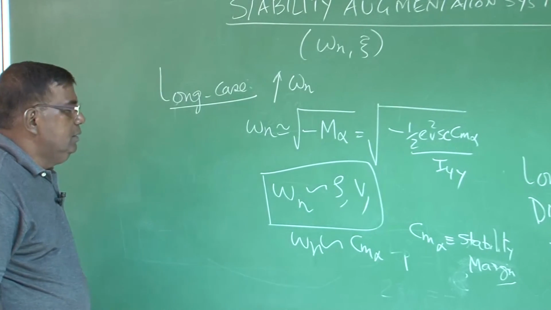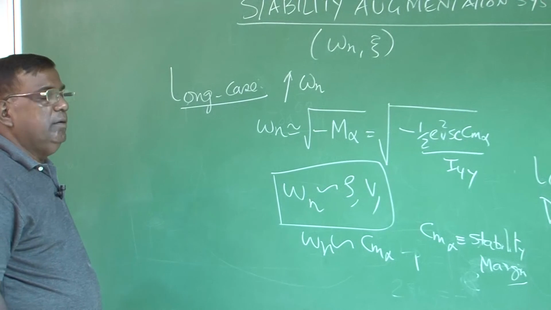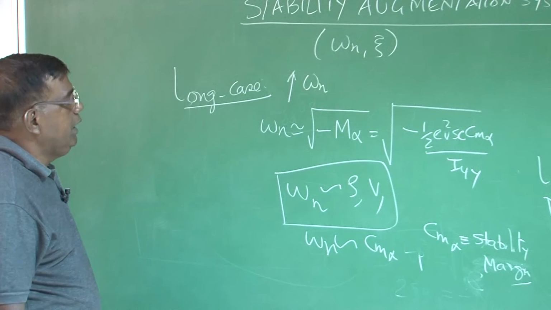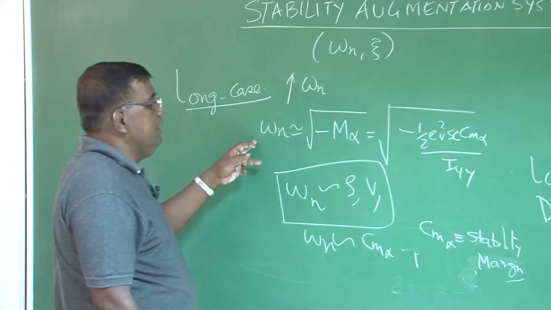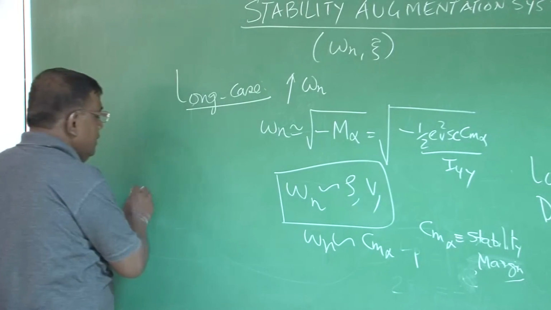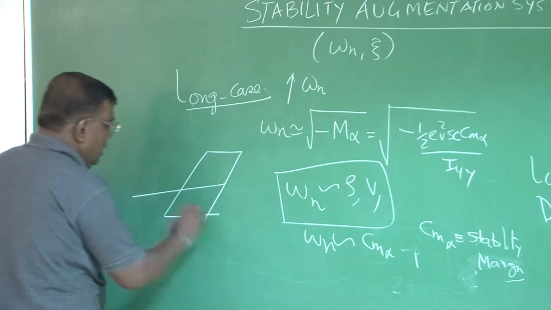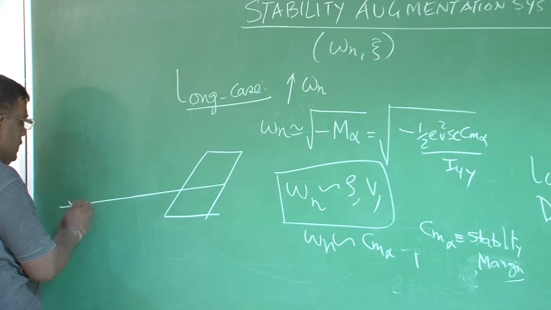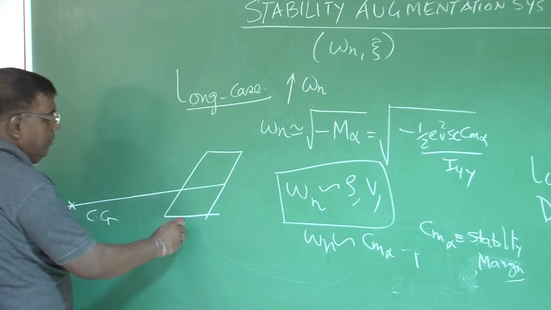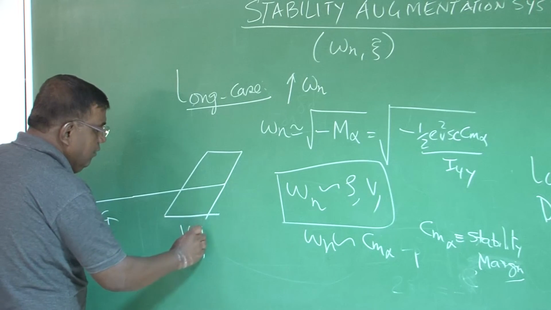But if at all, at the beginning you have to change omega n, and you decided to change it through Cm alpha, that means if this is your horizontal tail and somewhere here there is a CG, you have to increase the tail volume ratio.